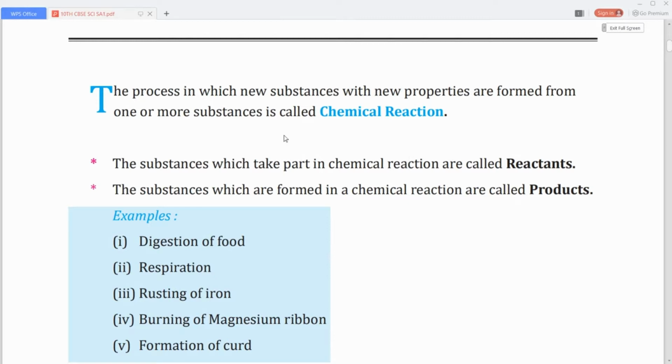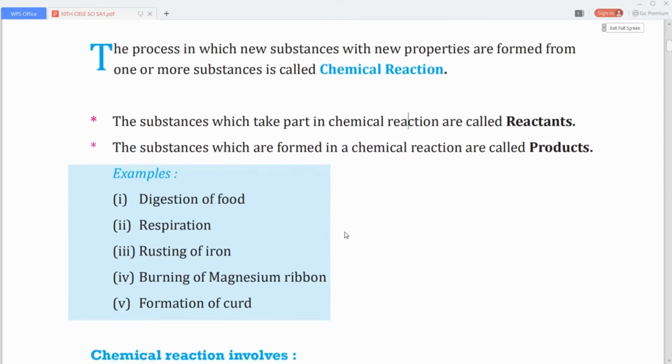So carbon and oxygen are called reactants. Now product: the substances which are formed in a chemical reaction are called products. So carbon dioxide is our product. When carbon reacts with oxygen, it gives carbon dioxide and heat. So carbon dioxide is our product.